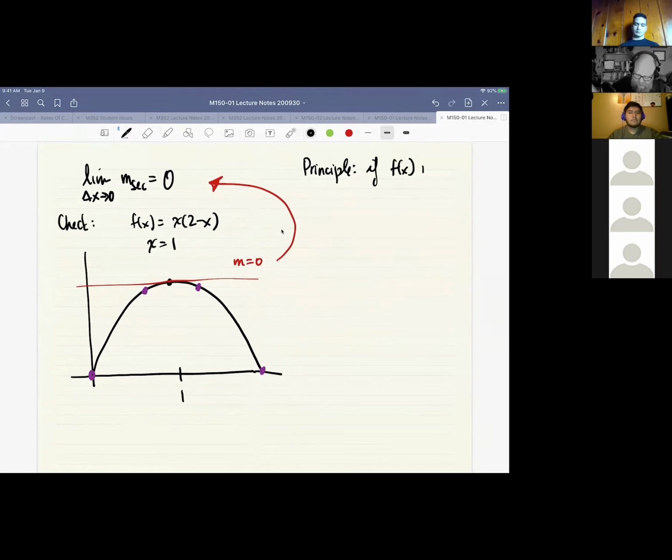If f of x is nice at x equals c, then the slope of the tangent line equals the limit as delta x goes to 0 of the slope of the secant line. You can always do this.